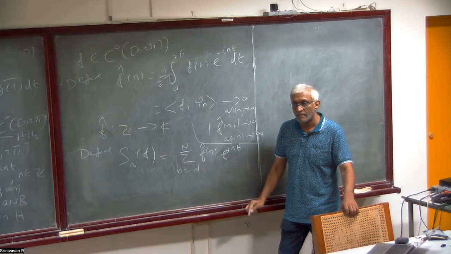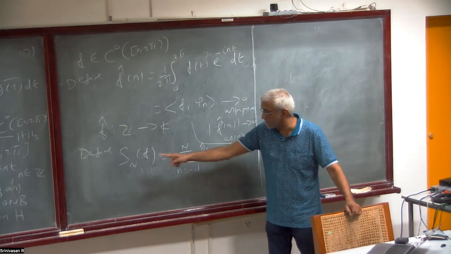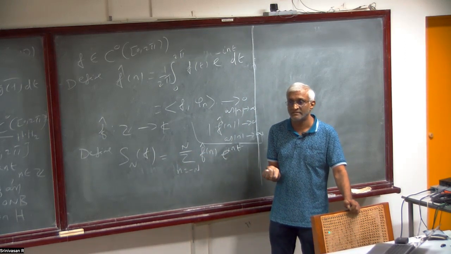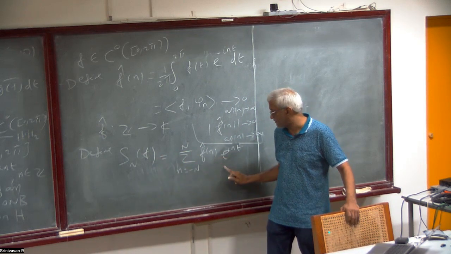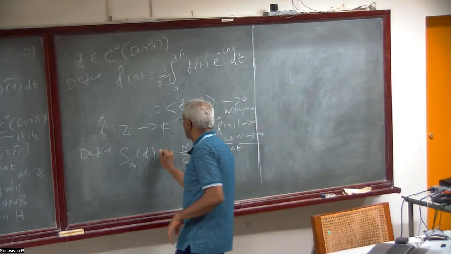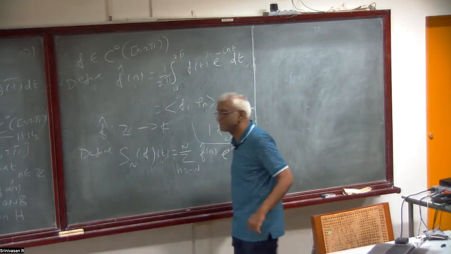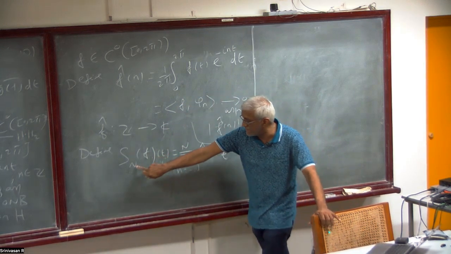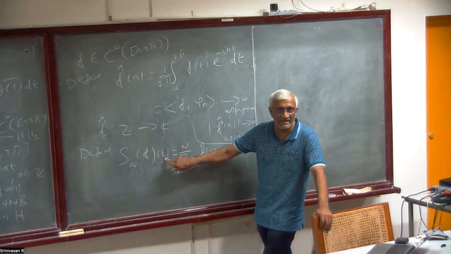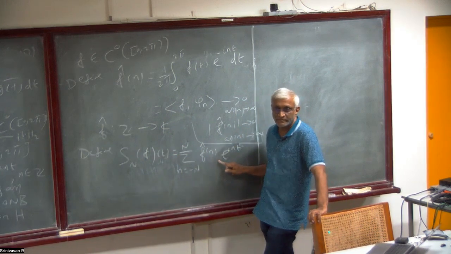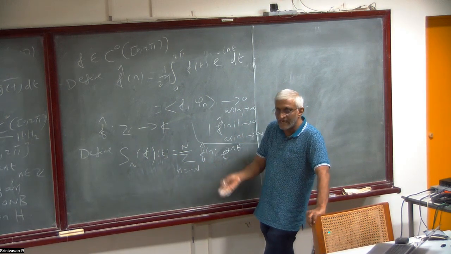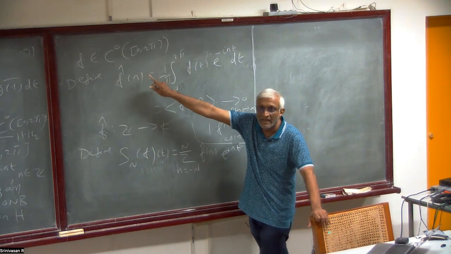By taking this, can you get f back? That is the question. Sn f is something defined like that. Sn f is a function, and Sn f at t is just this sum. The idea is the following. You have an f.